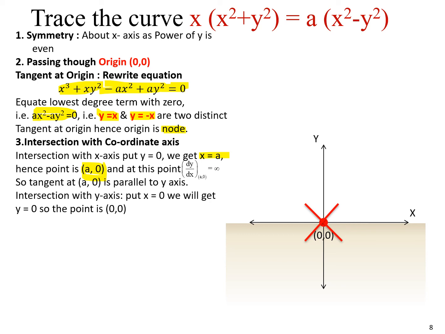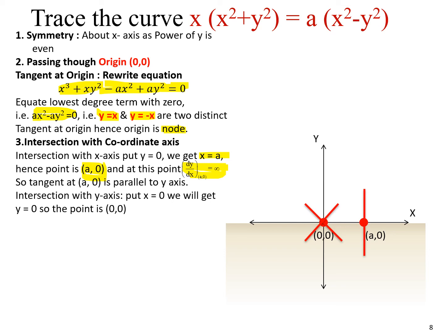At a comma 0, you just find dy by dx and put x equal to a, y equal to 0. So you will get dy by dx is equal to minus infinity. If dy by dx is plus infinity or minus infinity, your tangent is parallel to the y-axis. So we will draw one point here, that is a, 0, and at a, 0 your tangent is parallel to the y-axis.